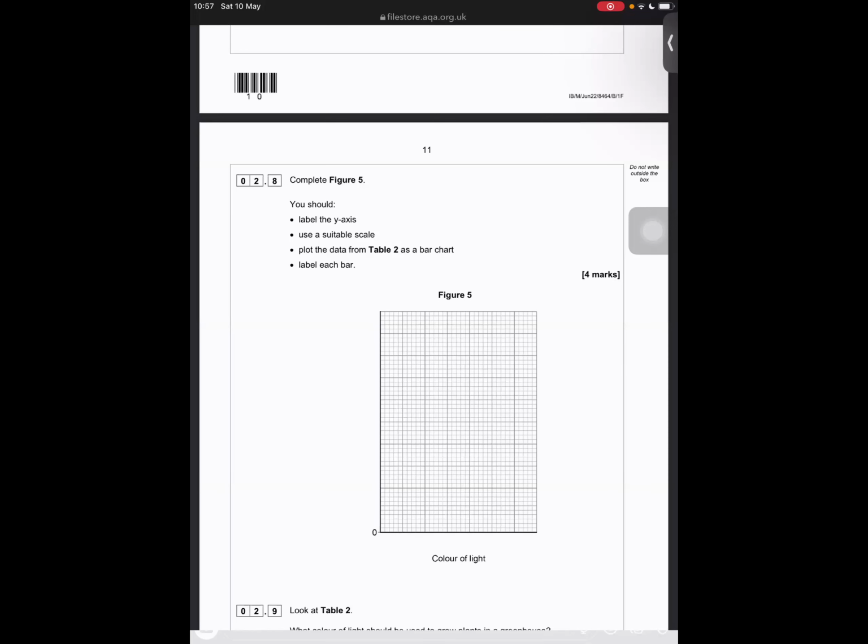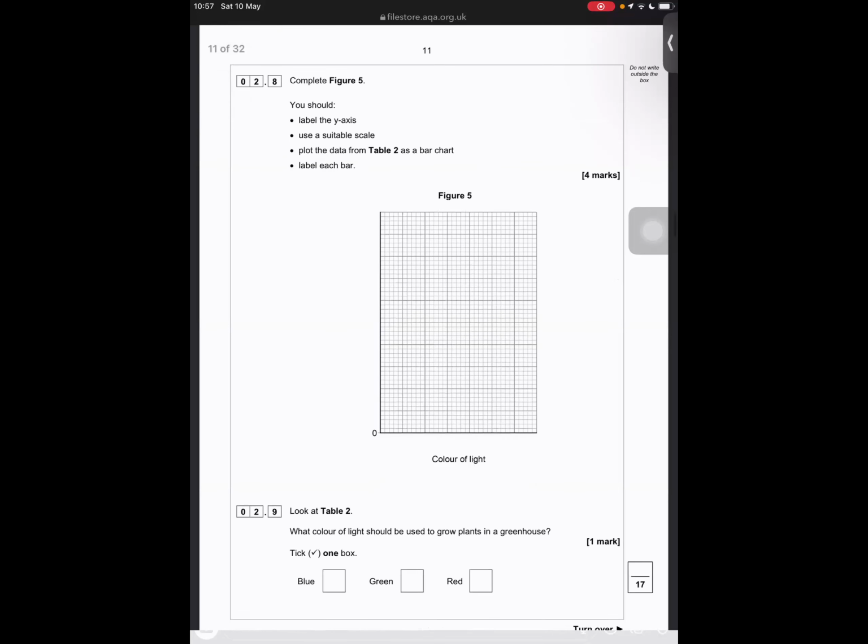So the x-axis will be the colors of the light. Somehow they even gave us what the x-axis should be and what we should label the y-axis. No problem. Let's move on.